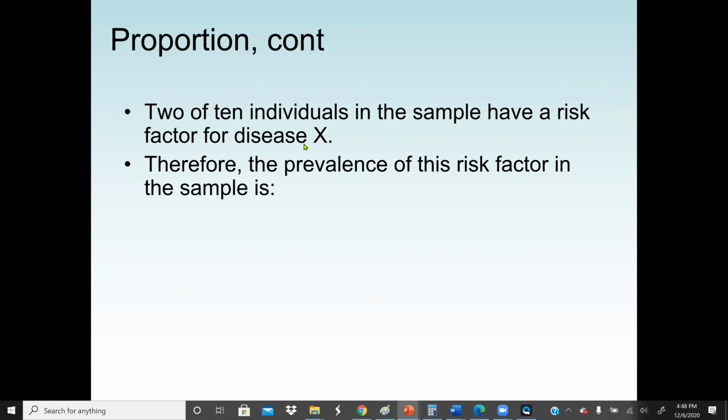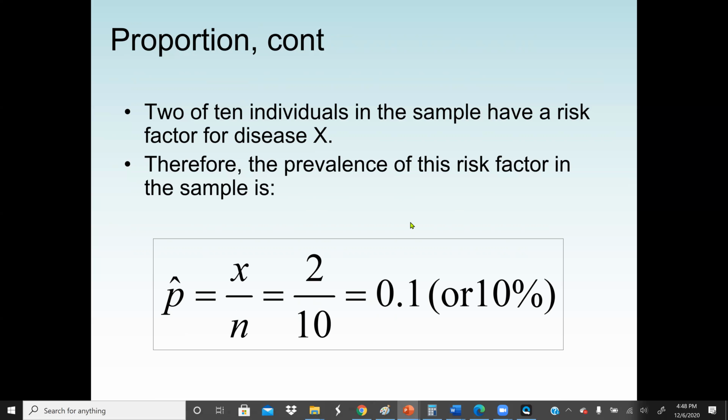Therefore, the prevalence of this risk factor in the sample is 2 divided by 10. Or p hat, the proportion of success, equals the number of successes divided by the sample size, which is 2 divided by 10. So our answer is 0.1 or 10%.